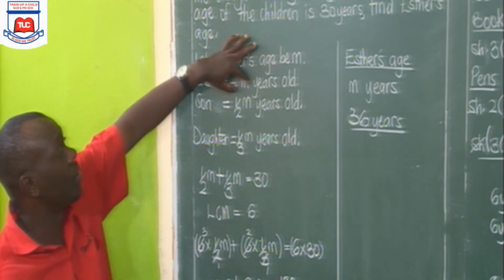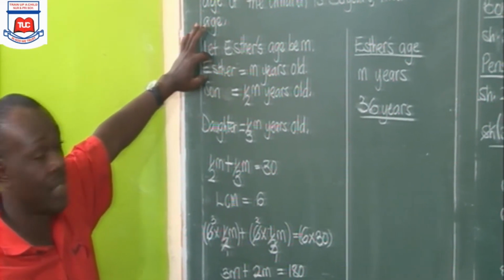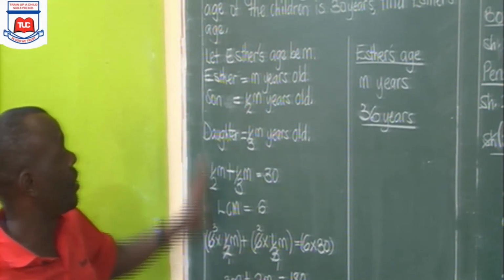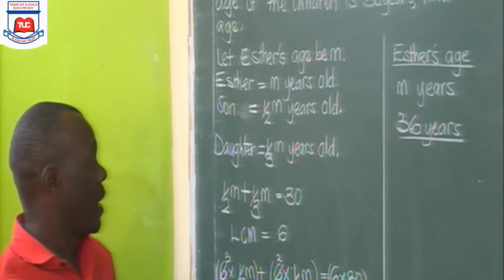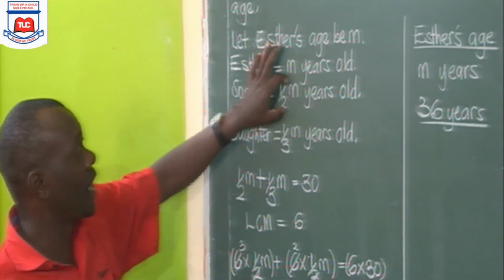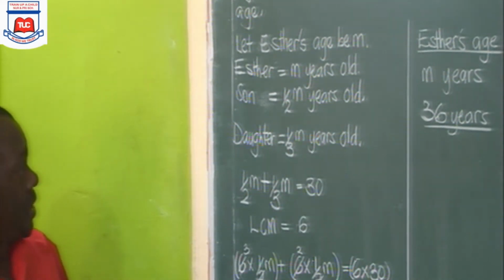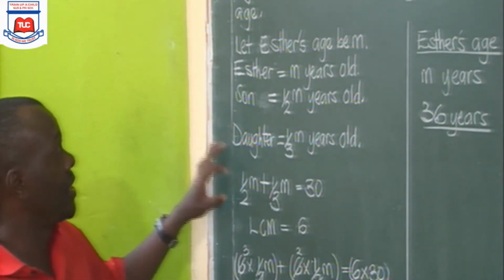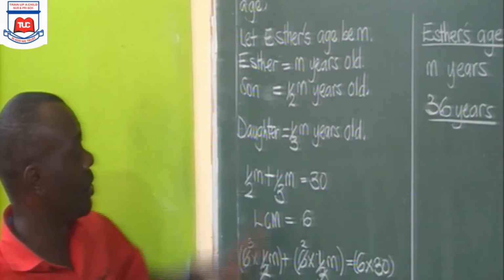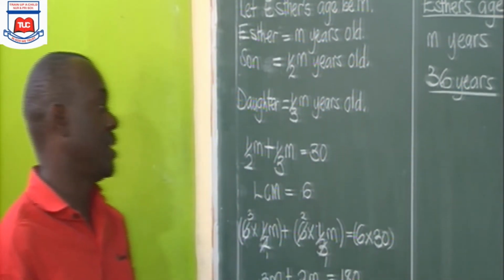Hence, leave the M alone, for it is the age of the mother, Esther. Add the son's age and the daughter's age in terms of M to 30, then form: a half M plus a third M equals 30.